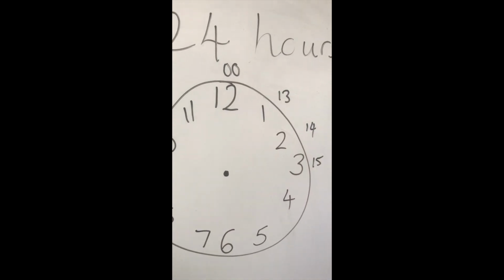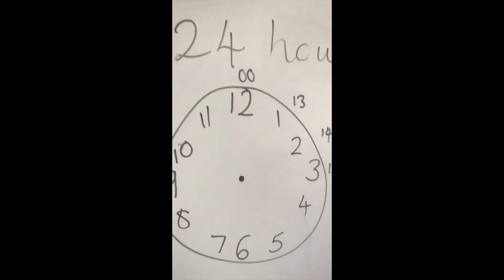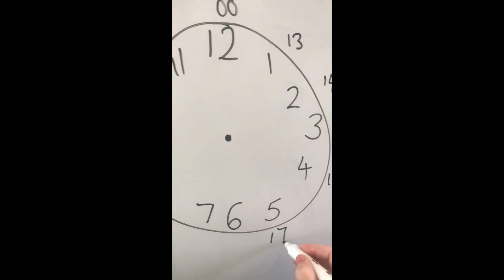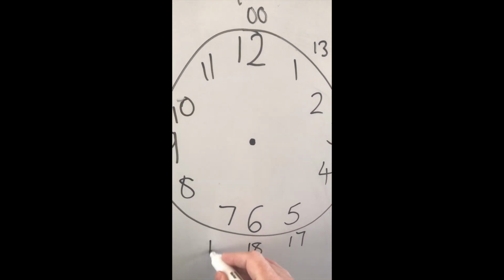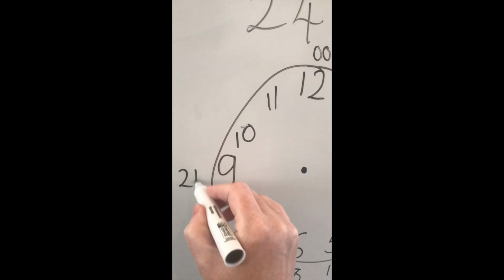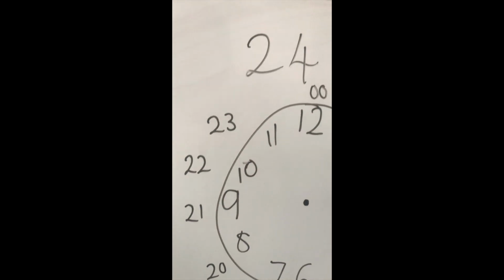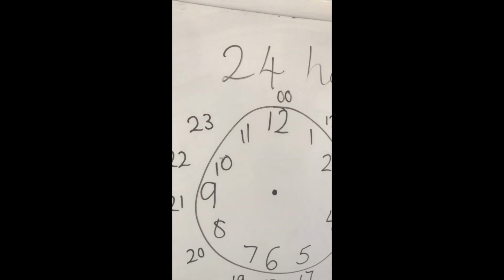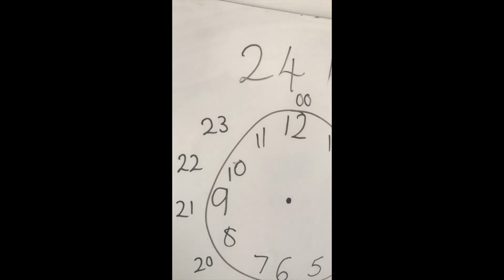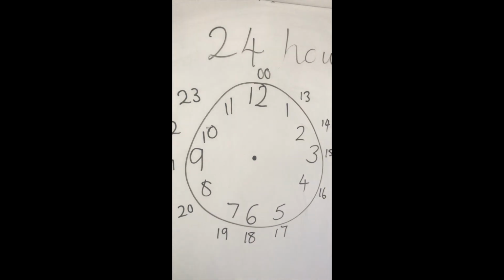So at home time, it's 15, as well as being 3 o'clock. 16, 17, 18, 19, 20, 21, 22, 23, and we don't actually write 24 because at the end of hour 23, the 24 hours have passed and we're starting again at 00.